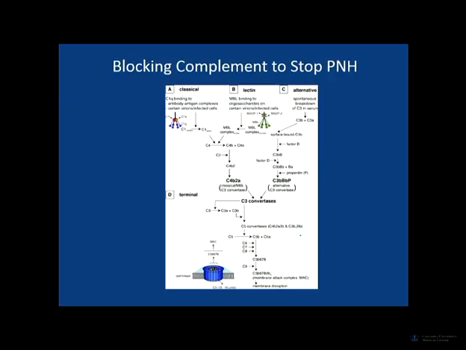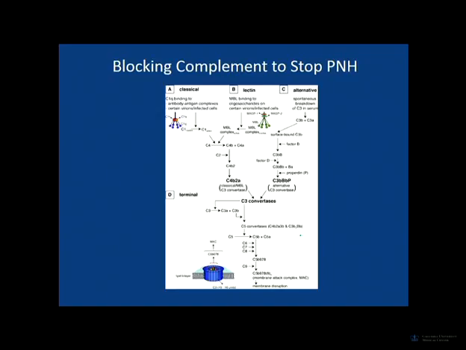About 10 to 15 years ago, a very greedy pharmaceutical company figured out how to stop this from happening. Basically, they figured out that if you stopped complement from running wild on red blood cells, you could stop this hemolysis from taking place. Now, you don't want to shut off complement entirely because we need complement. It's there for a reason. And if you don't have complement, you become much more susceptible to infections.